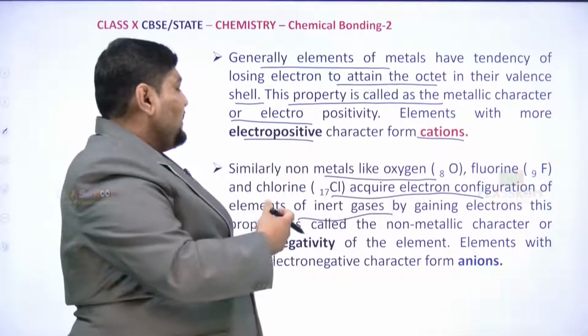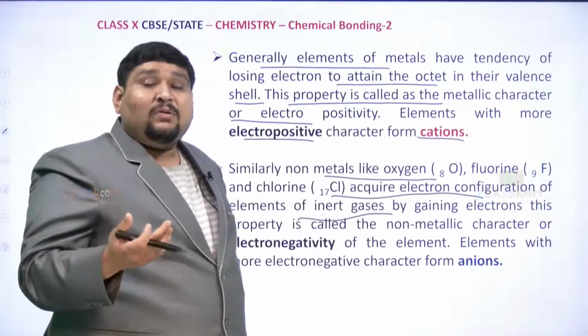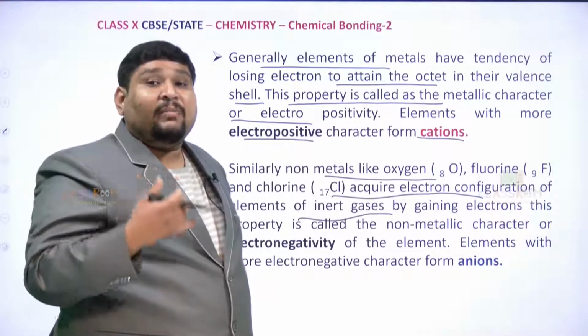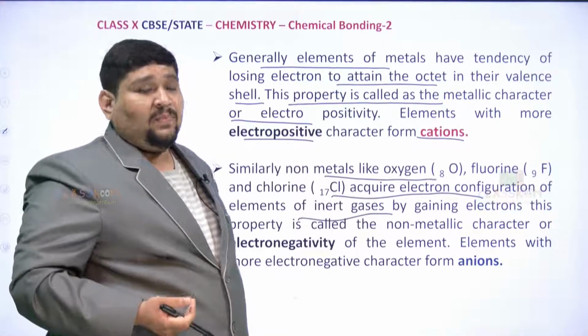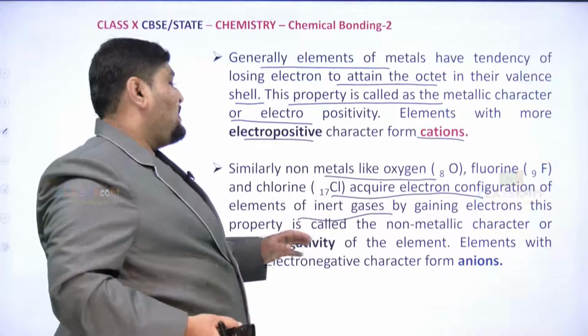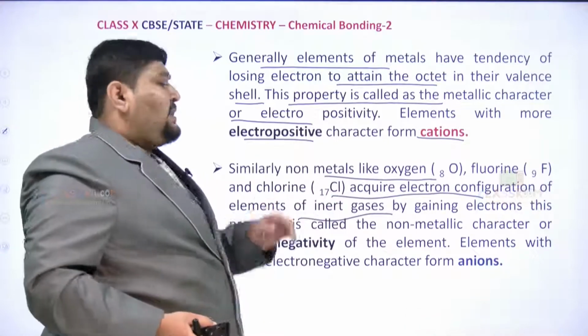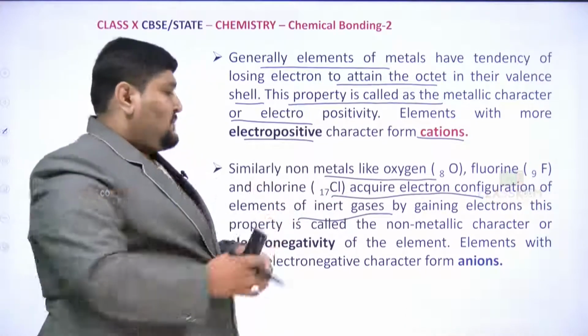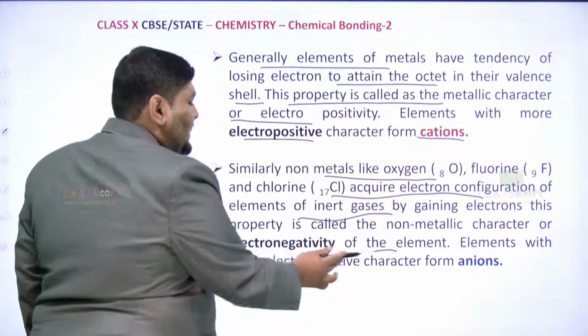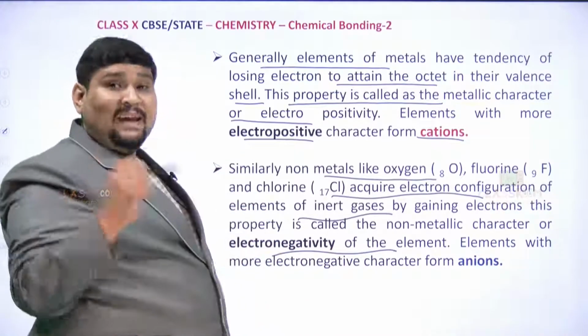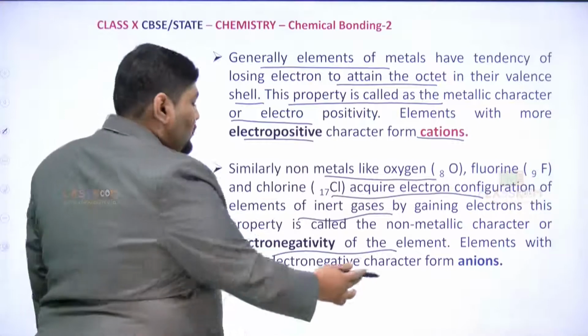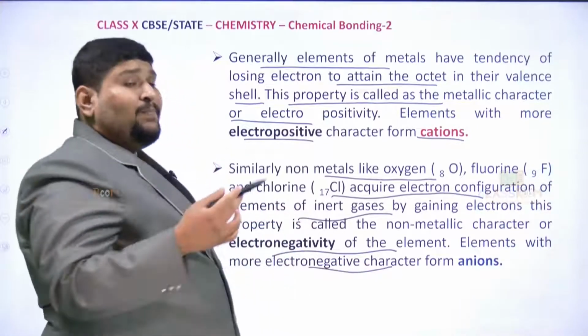Because non-metals are highly electronegative in nature, they have the tendency and capacity of gaining electrons, and this property is called non-metallic character, which we also call the electronegativity of that particular element. And elements with more electronegative character can form anions.